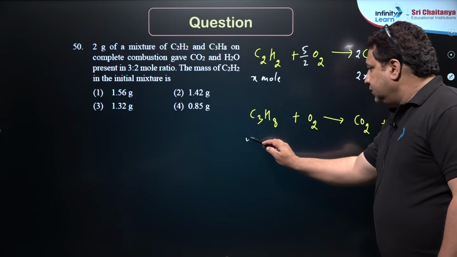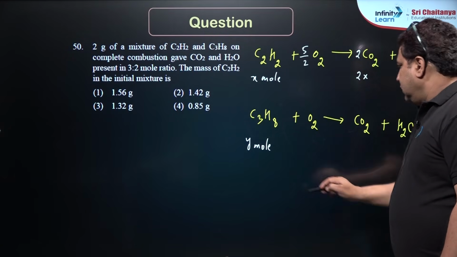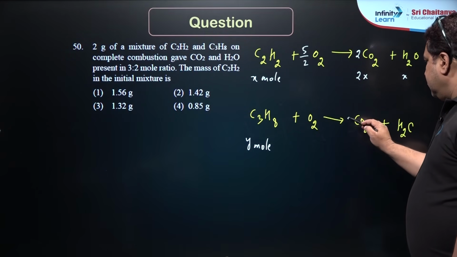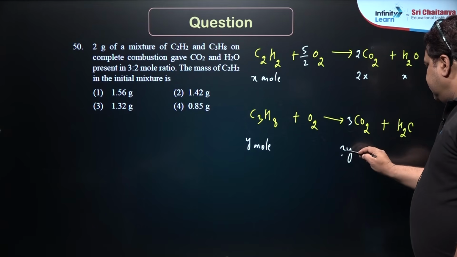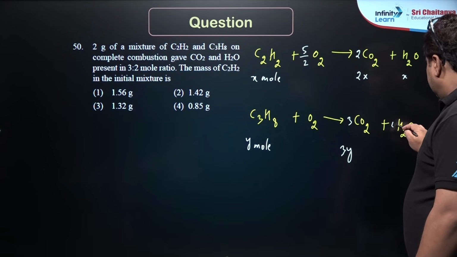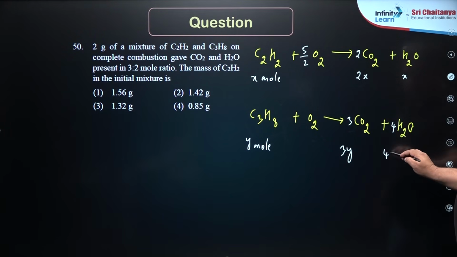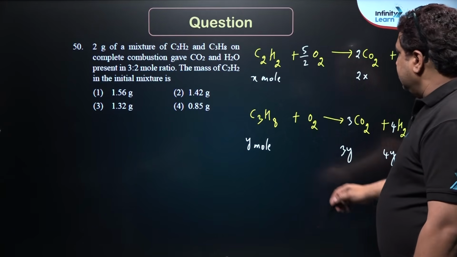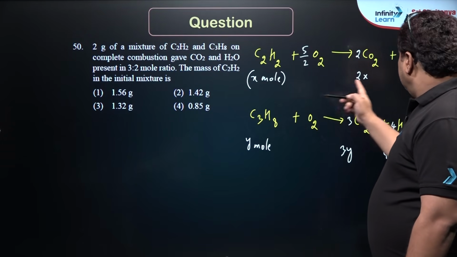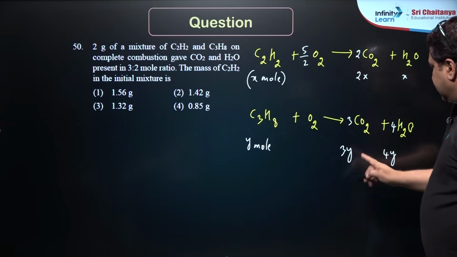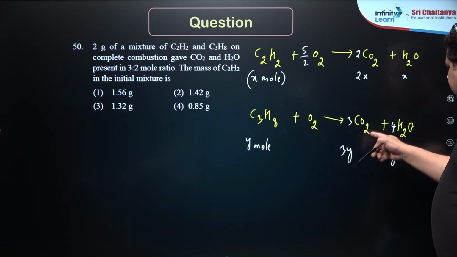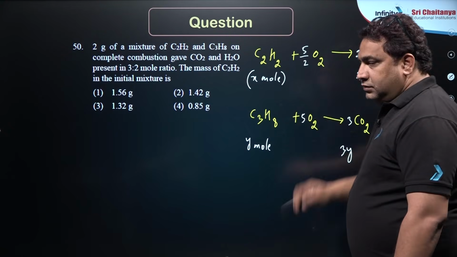If you take y mole of C3H8, then this is 3, so you will get 3y of this, and this is 4, so you will get 4y of this. Let me check: x mole, 2x, balancing, here 6, 10, so 5 moles of oxygen.